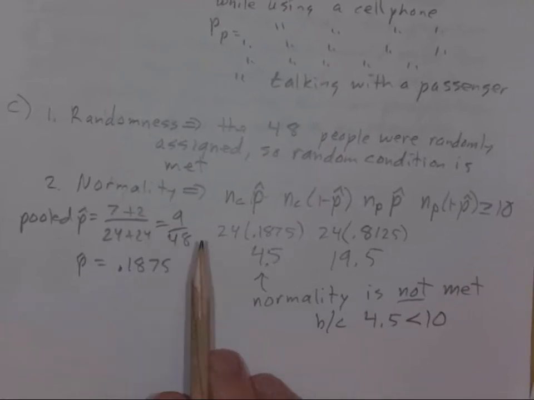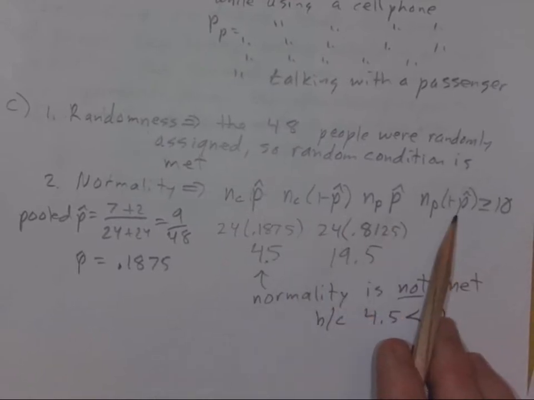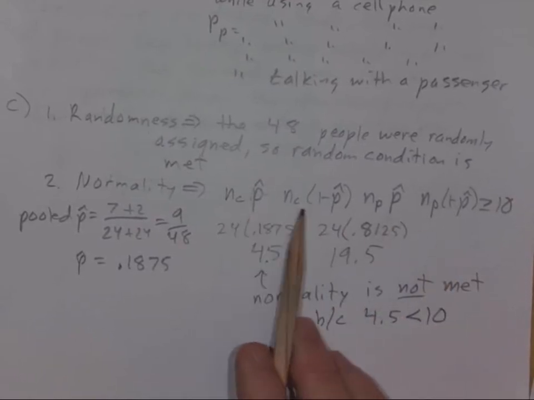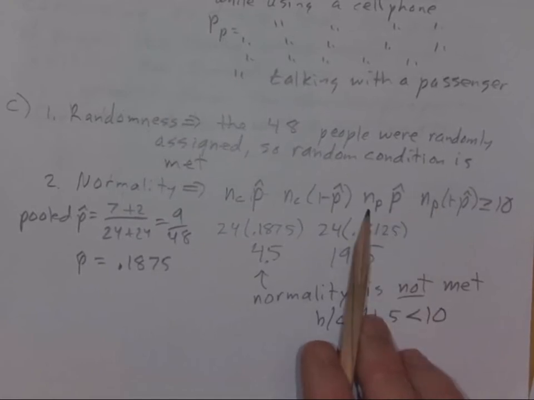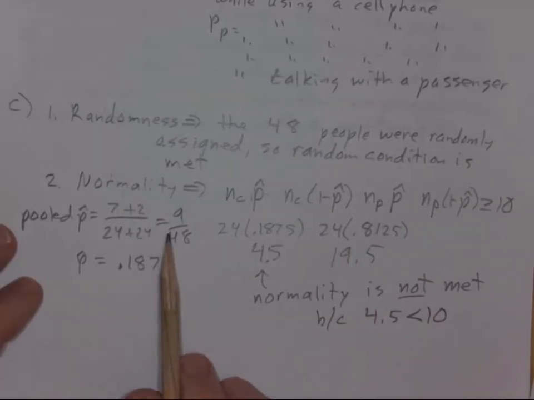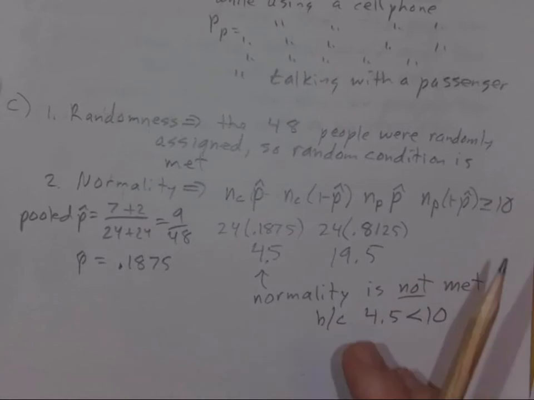But for normality, n times p and n times 1 minus p are greater than or equal to 10. And that's for both samples, both for the cell phone people and for the people talking to the passenger. I used the pooled p-hat here, which technically is what you're supposed to do. But you could have just used your numbers, n times p and n times 1 minus p.